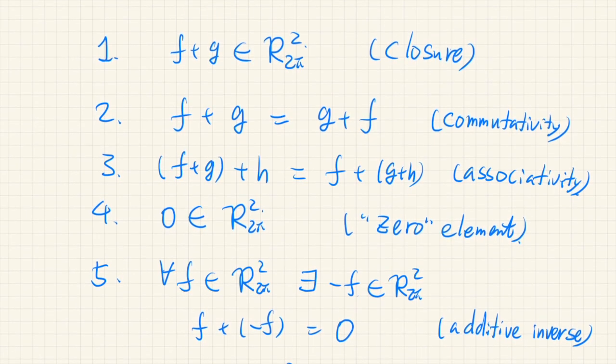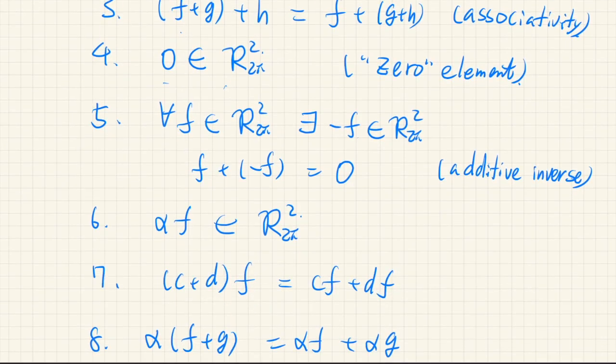First, this set is closed under vector addition, and the addition is commutative, and it's also associative, and there is a zero element in the space. And for each element, there exists an additive inverse such that this holds.